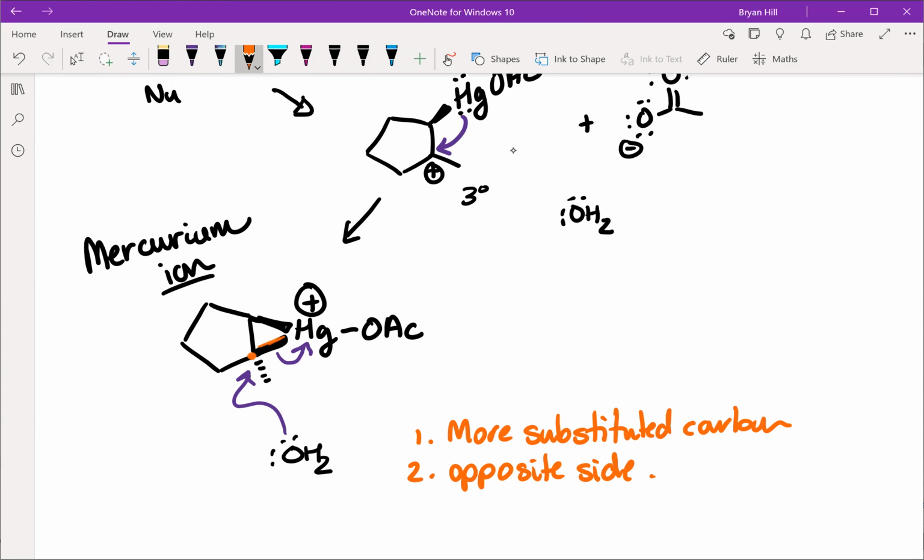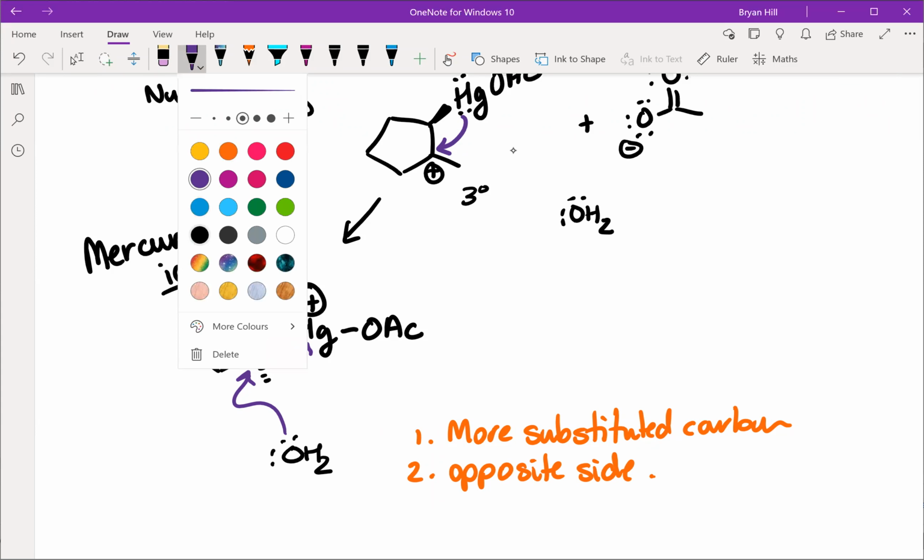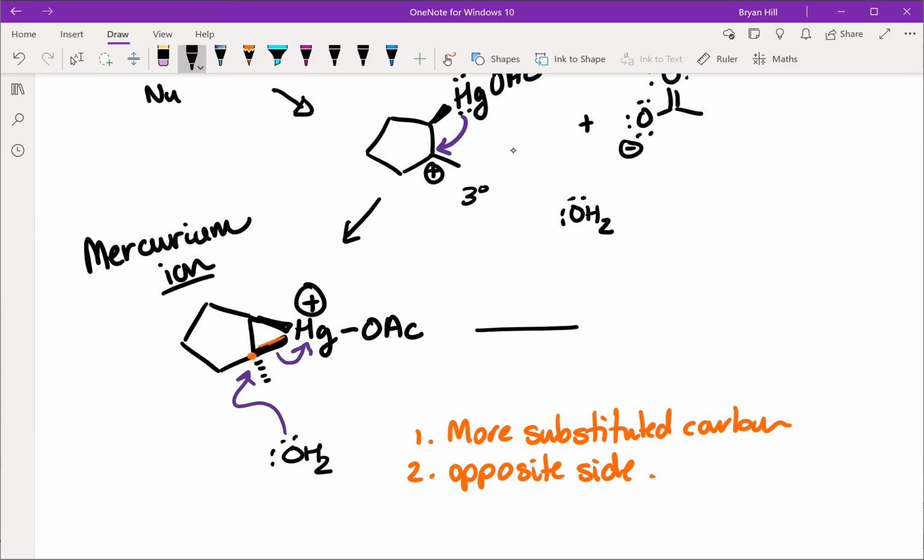So when this attacks, we end up with a structure that looks like this. So we'll get inversion at that carbon. So this methyl is going to be forward, the OH is going to be backward, on the opposite side, and the mercury is going to be there.